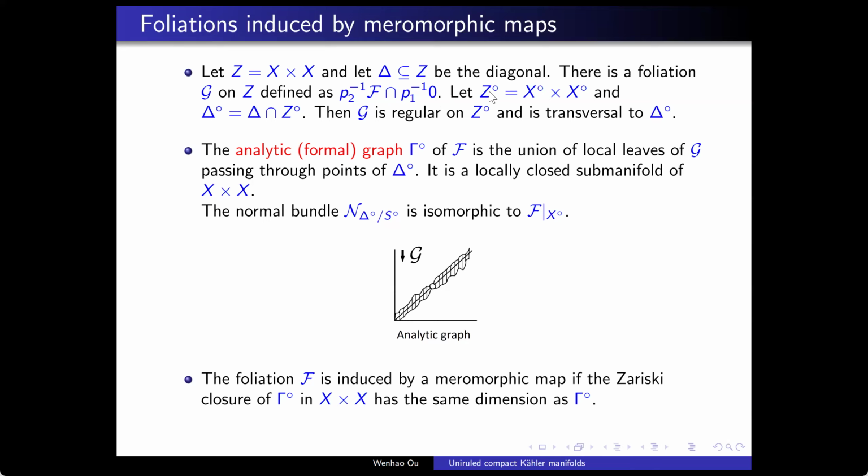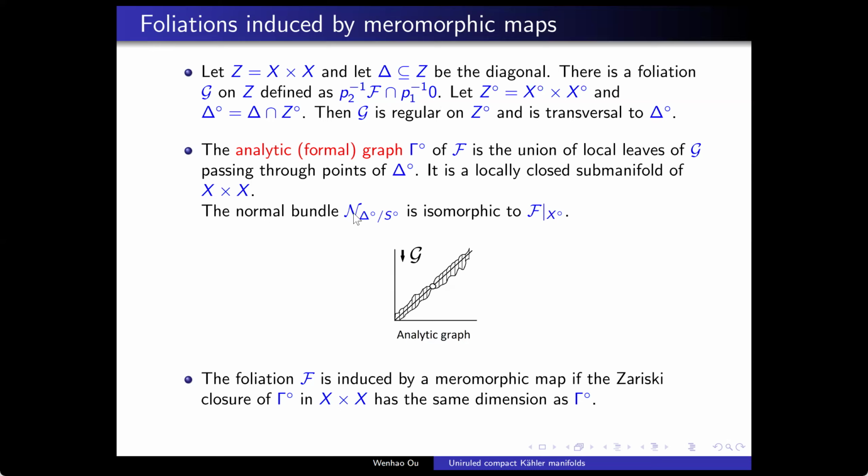And as I mentioned earlier, this foliation G is closely related to the foliation F. And one aspect is the following. We can consider the normal bundle of this delta 0 inside gamma 0. So we can visualize the normal bundle of this diagonal inside this shaded region gamma 0.